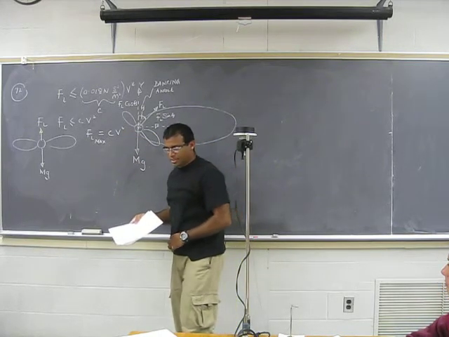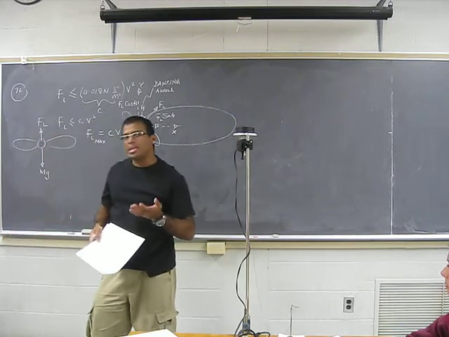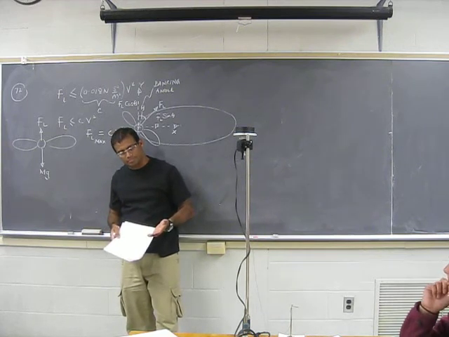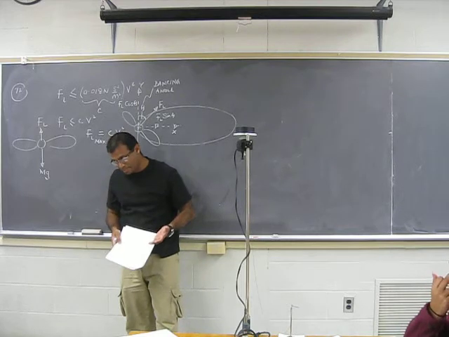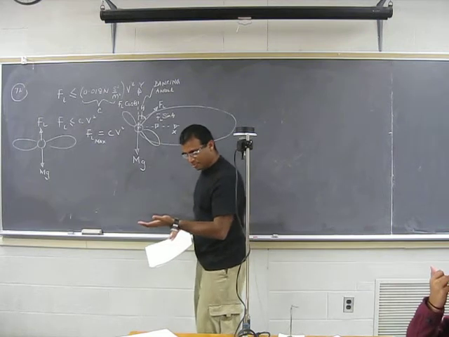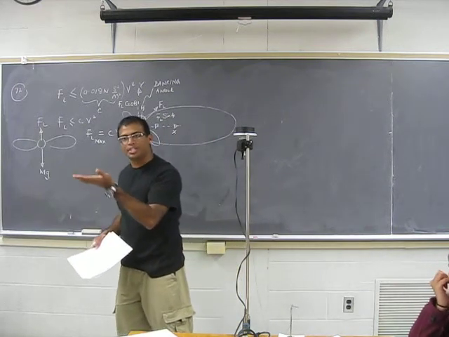In other words, vertically speaking, would the forces be balanced or not? Yes, because it will not move up or down. If it's moving up or down, that means it's accelerating, in other words, changing velocity.